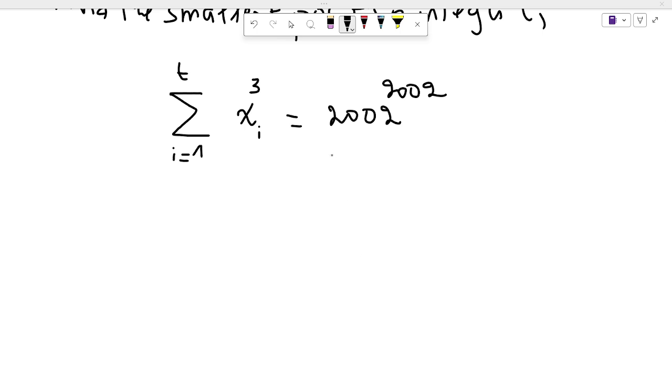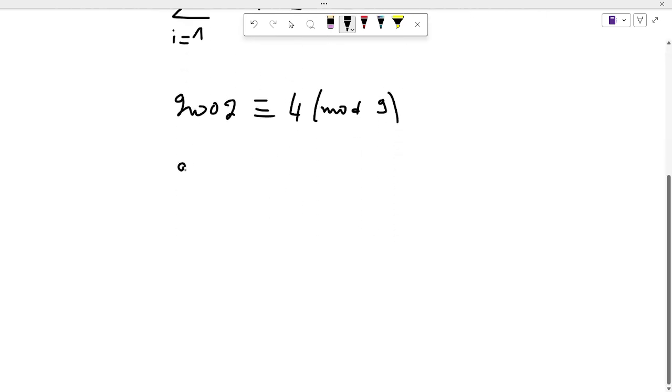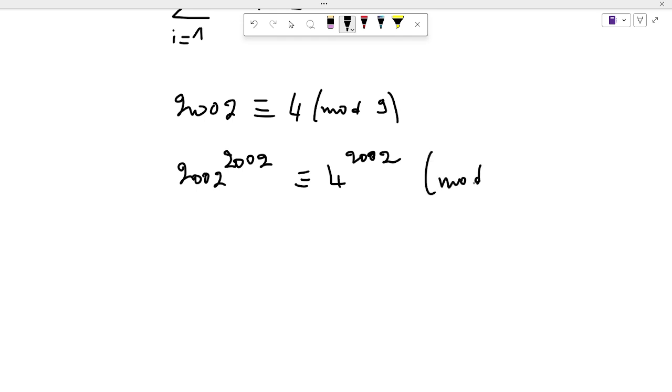The first thing we notice is that 2002 is congruent to 4 mod 9, which implies that 2002 to the power 2002 is congruent to 4 to the power 2002 mod 9.